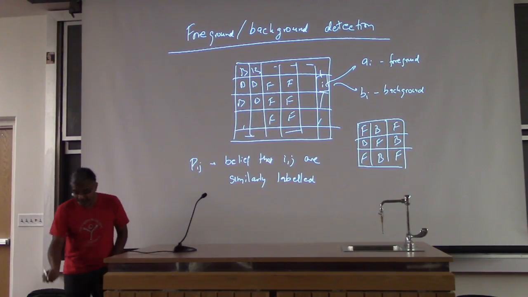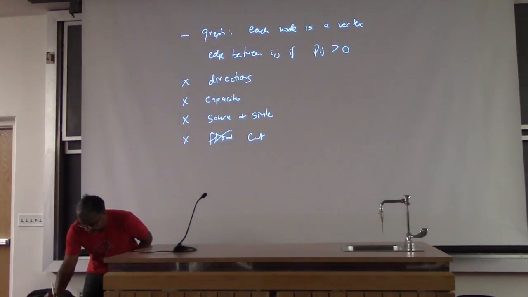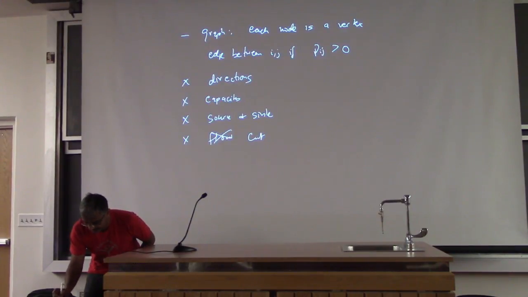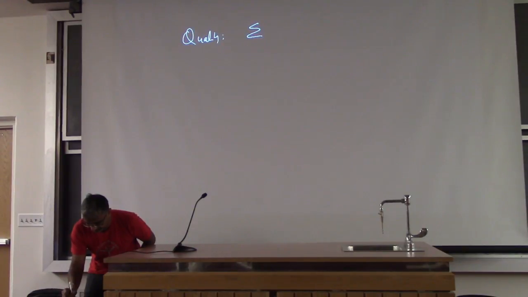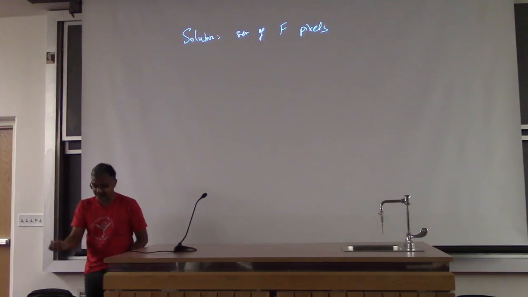So we might say something like the quality of a solution is this. Let's say that a solution to our problem is a set of foreground pixels, and of course the complement will be background pixels.